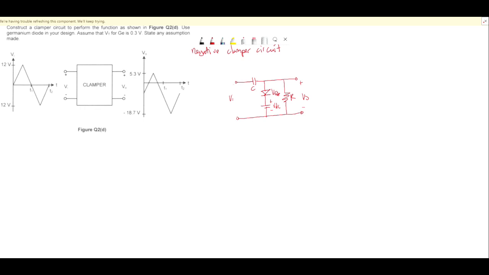Alright, so for the negative clamper circuit, to analyze it, first thing first, you need to apply the during positive half cycle and during negative half cycle. Right, for positive half cycle, the polarity, during the positive half cycle, the top polarity must be positive, bottom polarity must be negative, right?